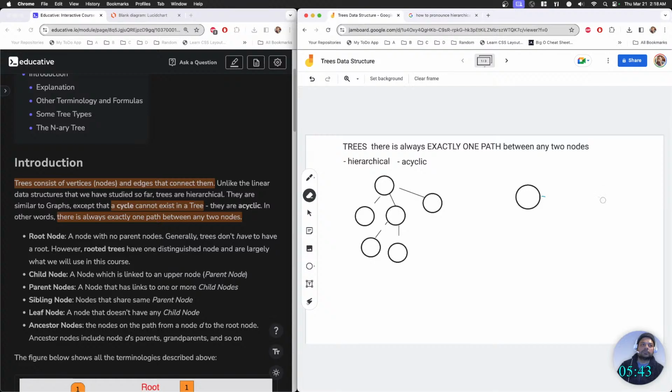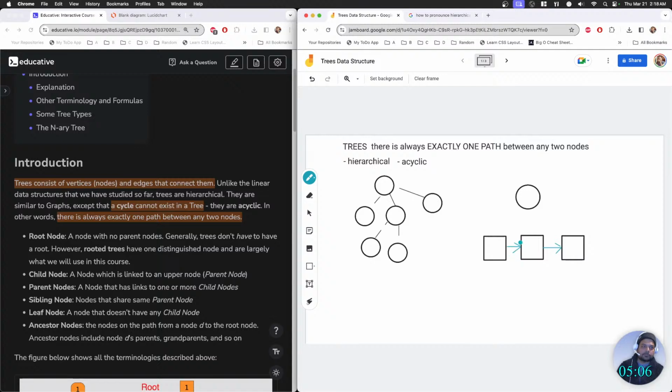Wait. Another issue is that previously we've been using squares as a linked list. And it was going one direction like that.